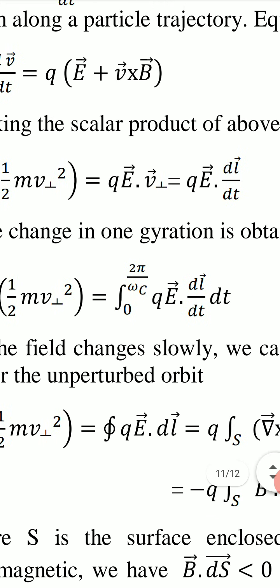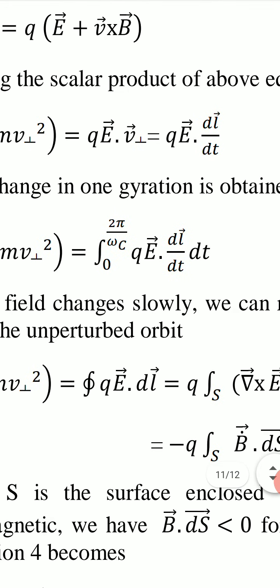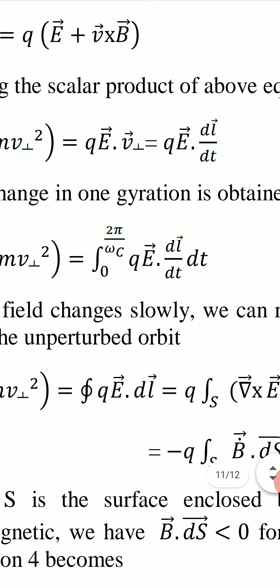So only this term in the right hand side remains, that is qE vector dot v perpendicular vector, and we put the value of v perpendicular vector as dl vector upon dt.